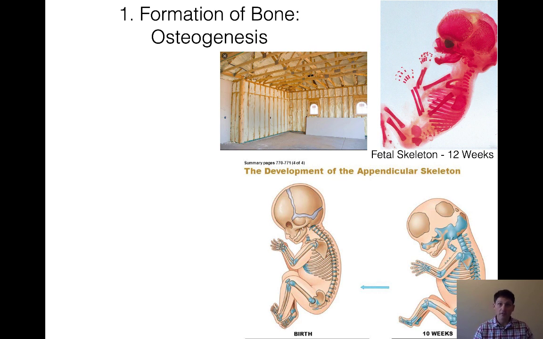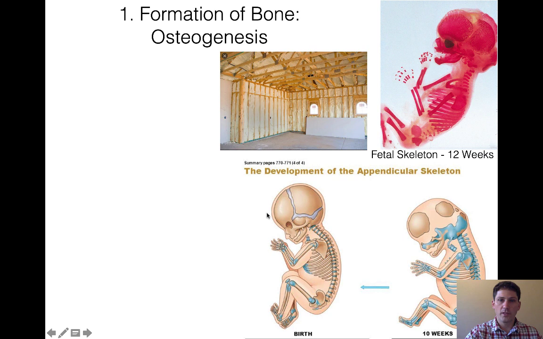Now take a look at these images over here. These are showing you the development of a fetus. And in here we can see all this red cartilage. Down here we can see that this 10-week-old fetus is made up of mostly cartilage.